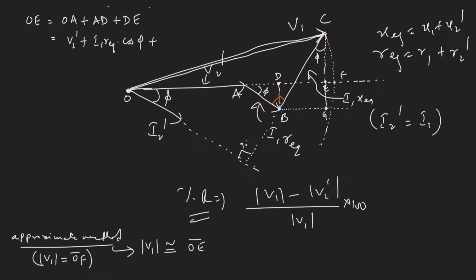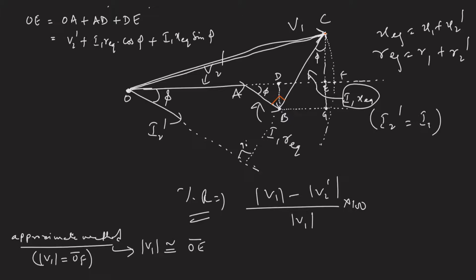So what is BG? We know BC is I1 X equivalent, the BC phasor. I want this length BG, which is the opposite side, so that is I1 X equivalent into sin phi.